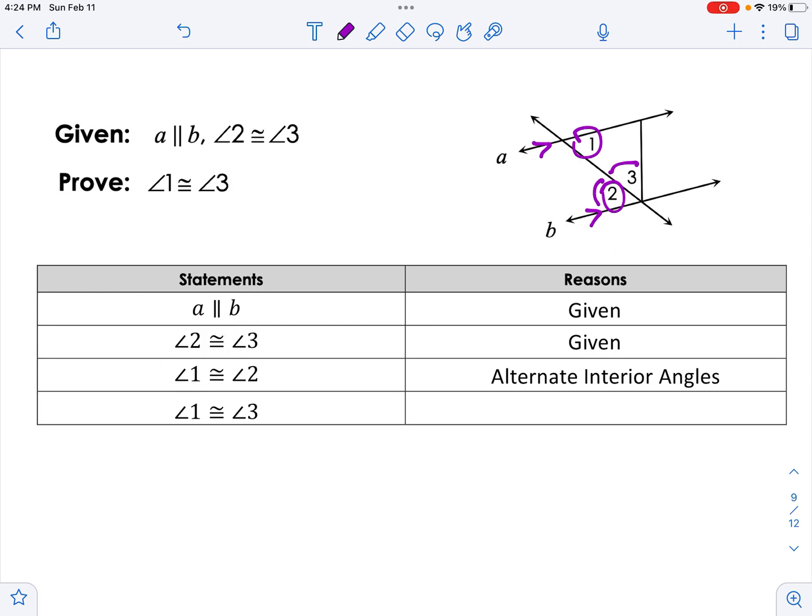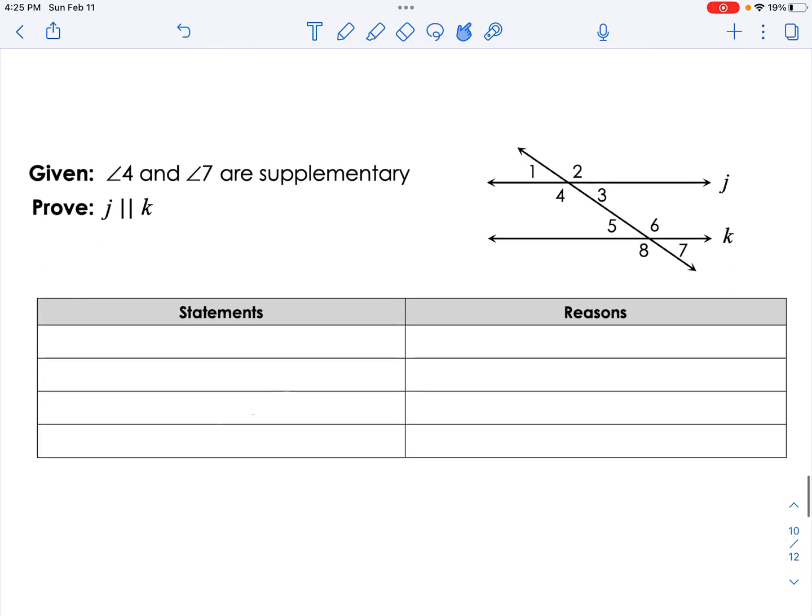So 1 has to be congruent to 3 by the transitive property. And now we've completed our second proof. Okay, again, just write what you know and then take it step by step. They can get pretty tricky sometimes, but hopefully as you get more familiar with each of these, you'll get better and better. Okay, let's try one more.